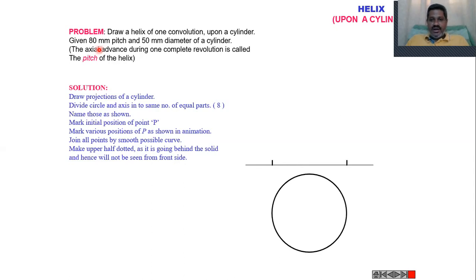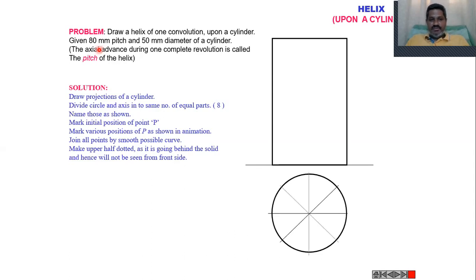With the 80 mm height, draw the front view of the cylinder and the top view of the cylinder with 50 mm diameter. Then divide the top view into 8 equal divisions. Name all those points as 1 to 8 in anti-clockwise direction and project all those points onto the front view.